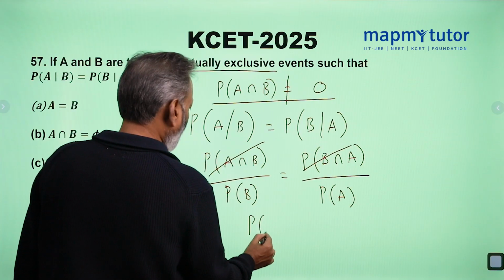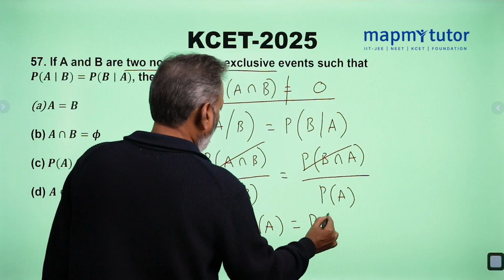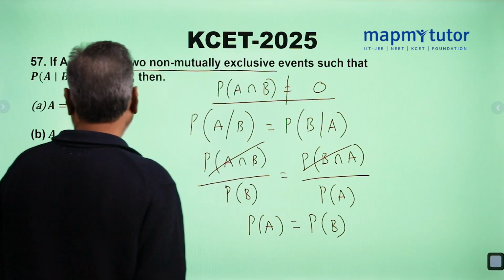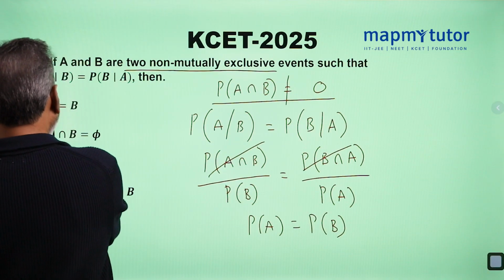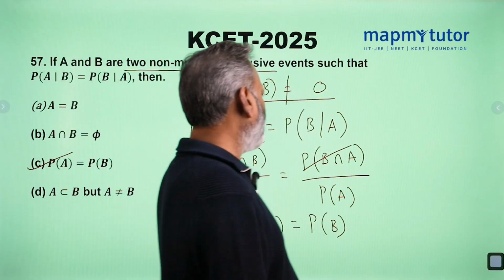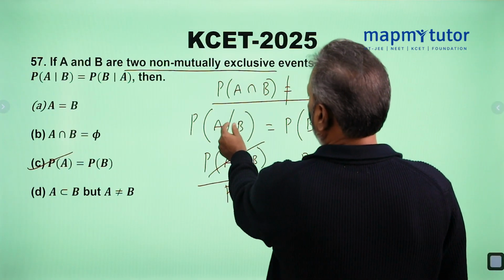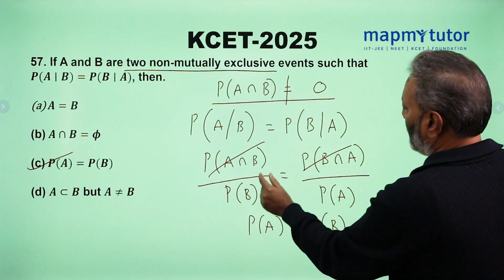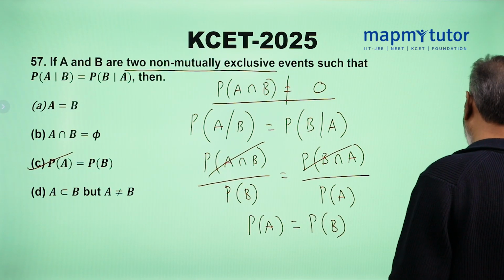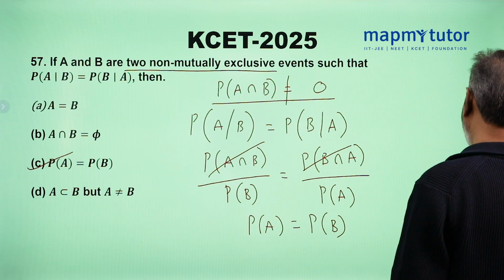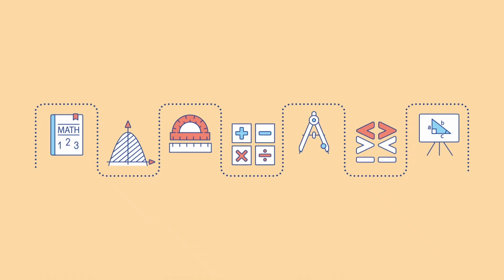And if I cross multiply, I will get P of A equal to P of B. Where is it? Option C. Correct. So, simple formula-based again. P of A given B is P of A intersection B by P of B. That is called conditional probability.